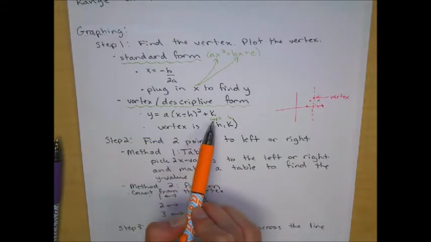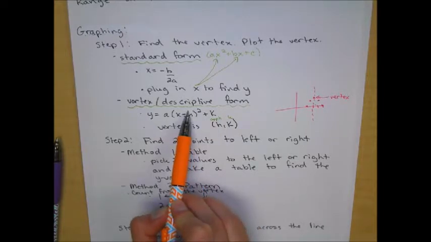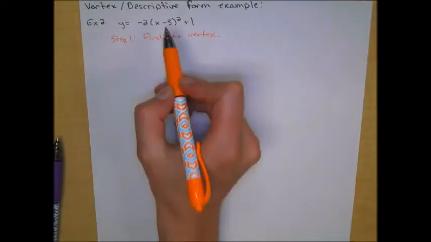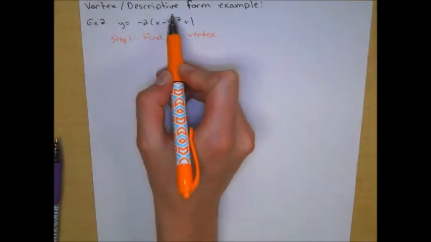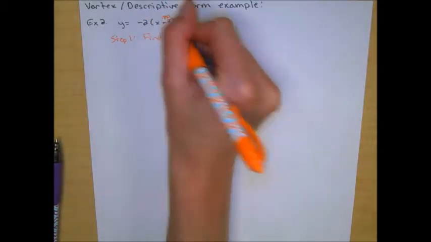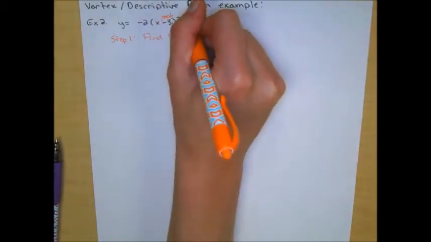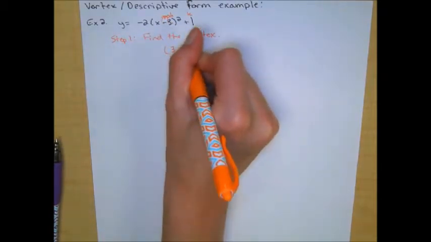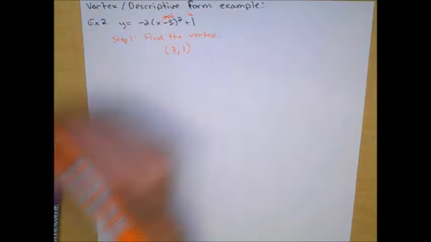So our vertex is opposite of what's here in our K. So this is -h. -3 is -h. So the opposite and then K. This means my h is 3, K is 1.